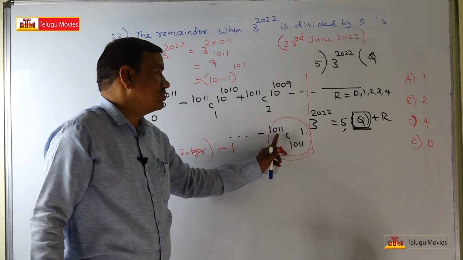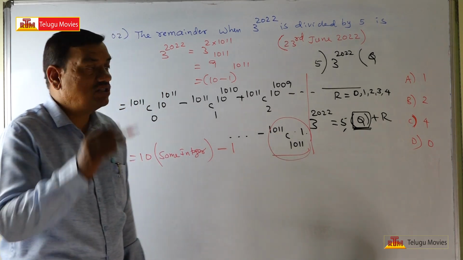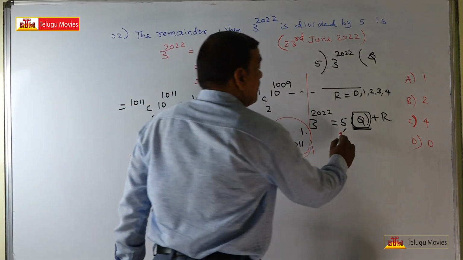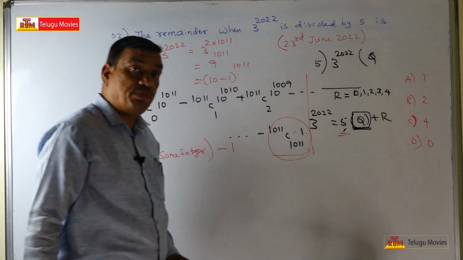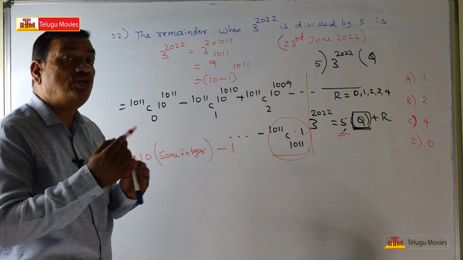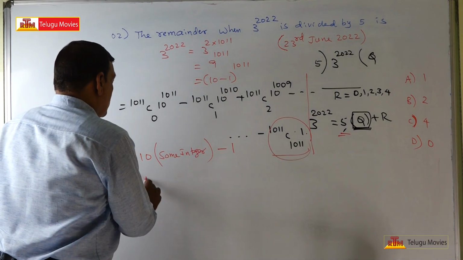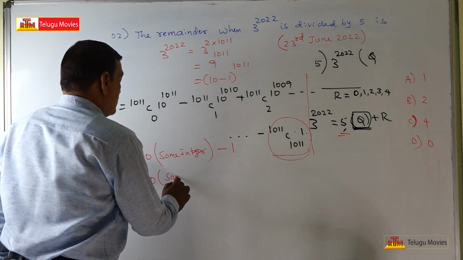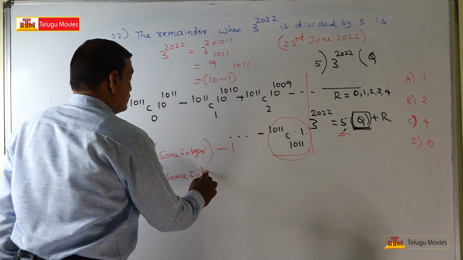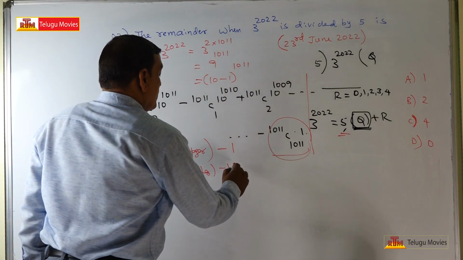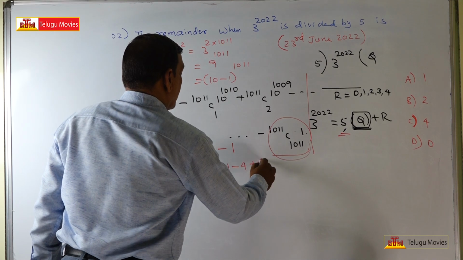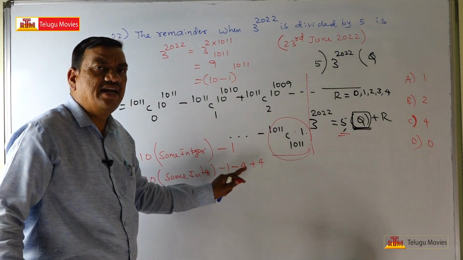So 1011C1011 is 1. Our aim is to express it as 5 into something. For that I will write 10 into some integer minus 1, and here add minus 4 plus 4. This is the idea that you have to get.